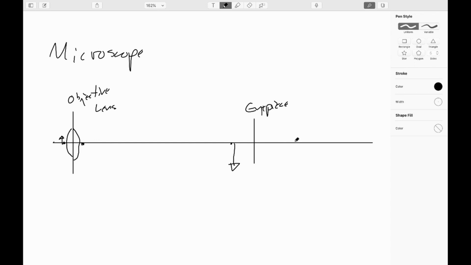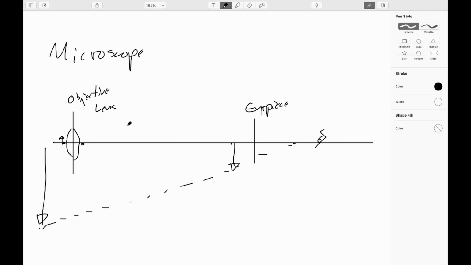Then when you're looking at it over here, you wind up seeing, again, some absolutely huge virtual image. And as always with these devices, usually you like to park the image out at infinity. That way your ciliary muscles can stay nice and relaxed, and it reduces eye strain.